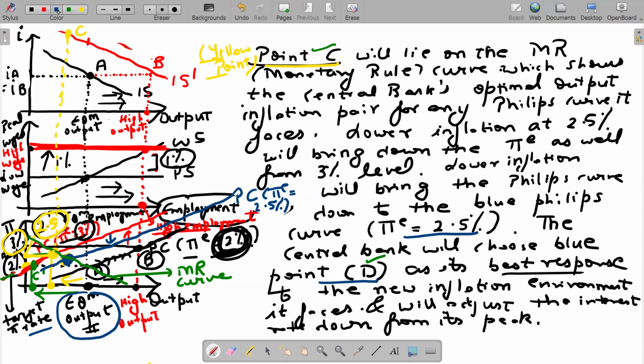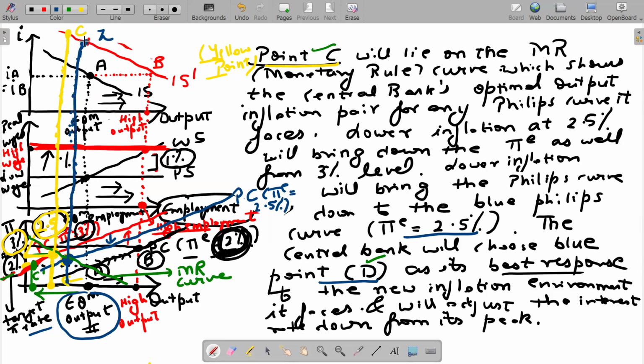And now corresponding to the blue one, if I stretch the blue one up, this is going to be Z. The blue one corresponds to Z. That means the D point, the blue point, if I stretch up to the top diagram, it's Z. And the yellow one, if I stretch it up from here, it was C.